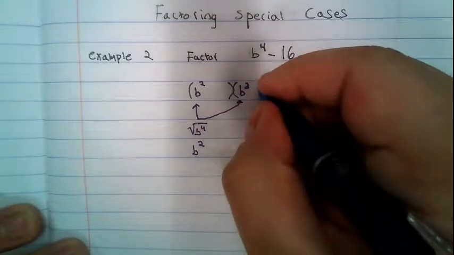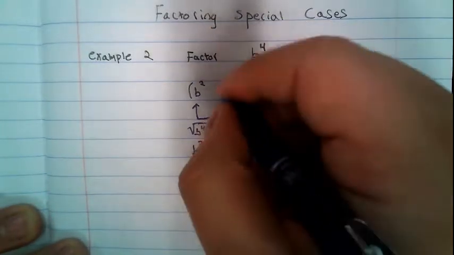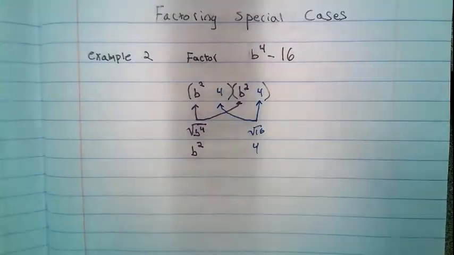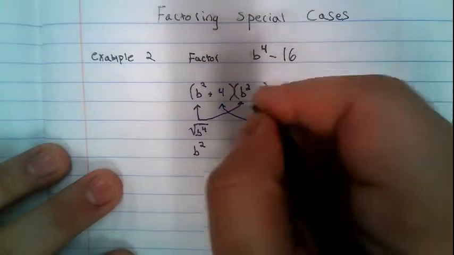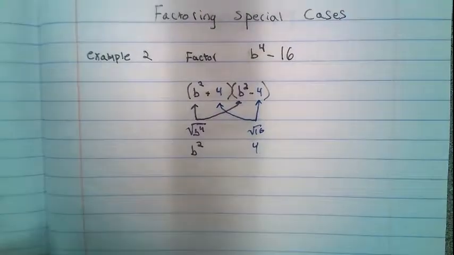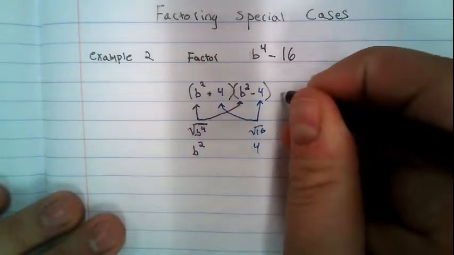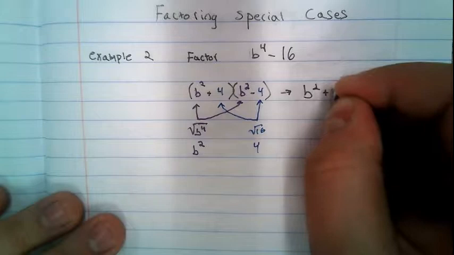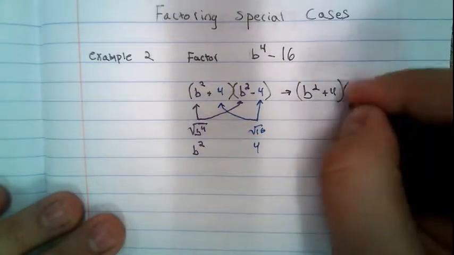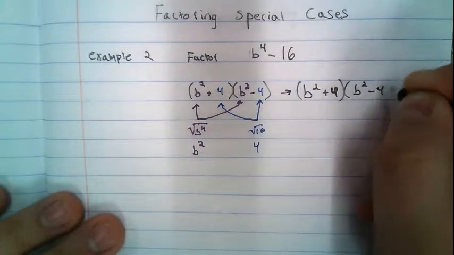And that goes here and here. And then one is separated by addition, one is separated by subtraction. So my answer so far would be b squared plus 4 times b squared minus 4.